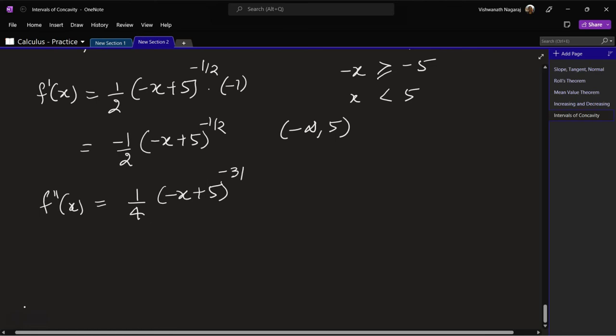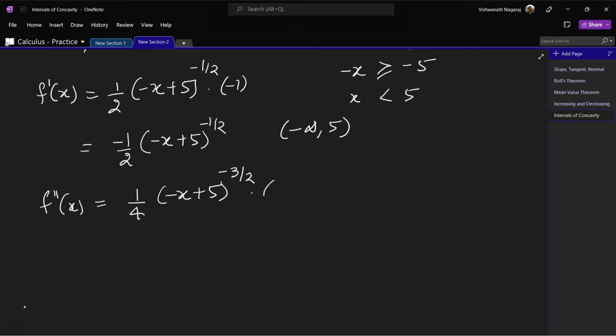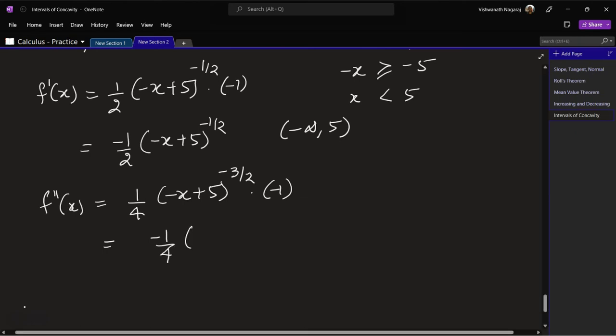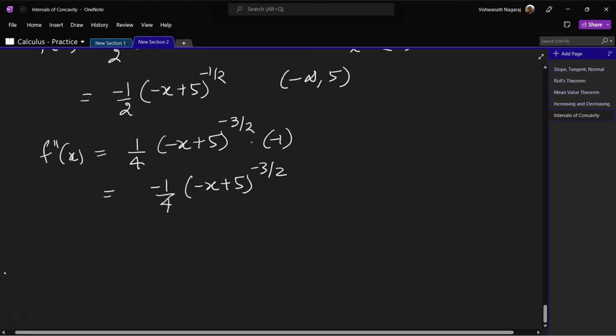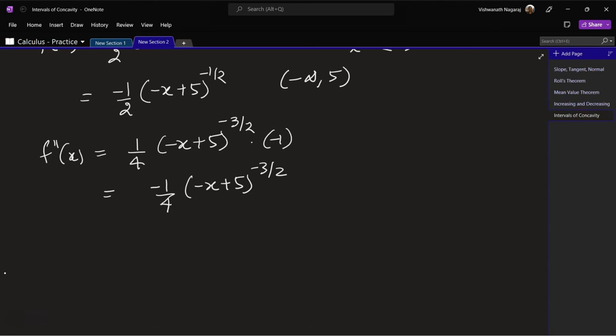So minus 3 by 2 times minus 1, which gives us minus 1 by 4 times minus x plus 5 to the power of minus 3 by 2. Again, since minus x plus 5 to the power of minus 3 by 2 is in the denominator, we can't equate it to 0.